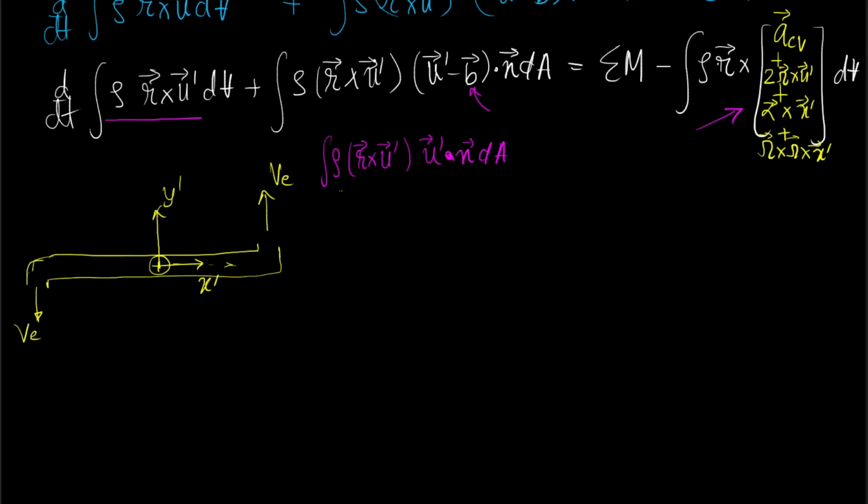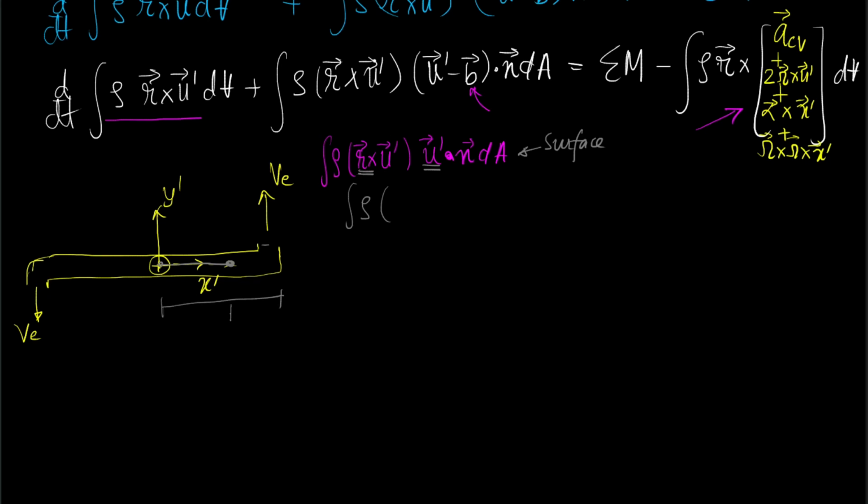So this can be simplified. What is r cross u? Before going to the evaluation of the integral, you have to remember that these are the velocities in the moving reference frame, evaluated at the surface. So this is rho at the surface.